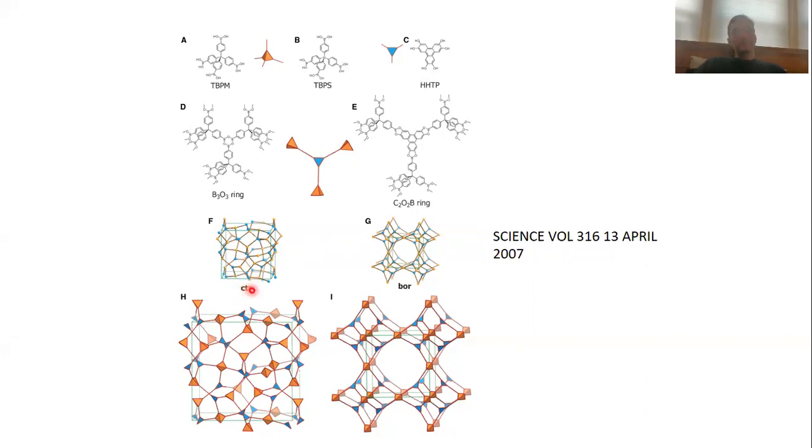So these 3 letters are in analogy to the code used for zeolites, even though these types of structures do not appear in zeolite chemistry. Cannot, because we use fundamentally different building units, while when you use hexahydroxytriphenylene, you are arriving in this framework topology, which is named BOR. Okay. So you see here the 2 different structures.